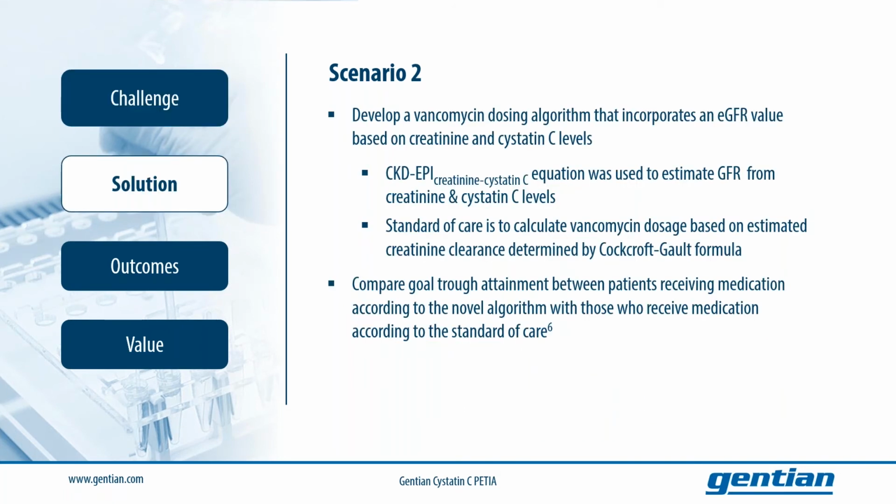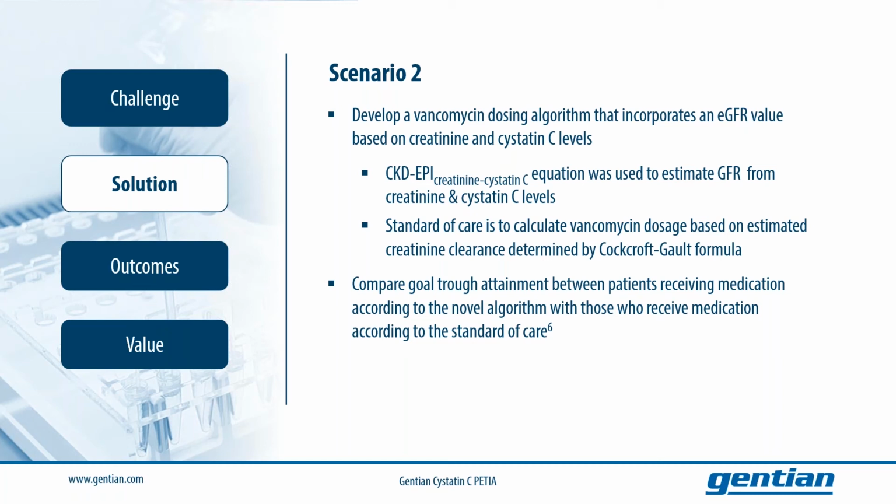And so, to optimize the vancomycin dosing process, the care team proposed implementing a new dosing algorithm, one which incorporated Cystatin C measurement into the calculation of vancomycin clearance rate. Specifically, the new algorithm would use the CKD-EPI creatinine Cystatin C equation to estimate glomerular filtration rate instead of the Cockcroft-Gault formula.